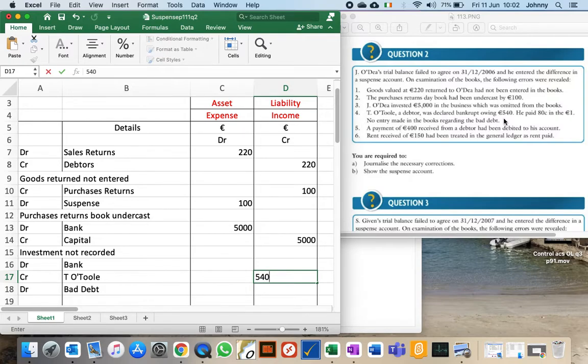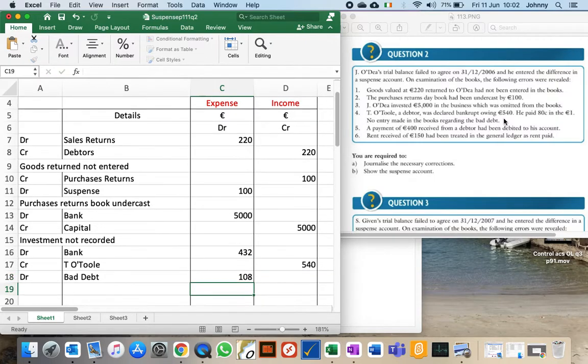So we're cancelling the 540 debt. He paid 80 cents in the euro, so that means he paid 80% of the 540. So 432, and the bad debt, the money we're losing out on, is the remaining 20% of the debt. Okay, so no record of bankrupt.